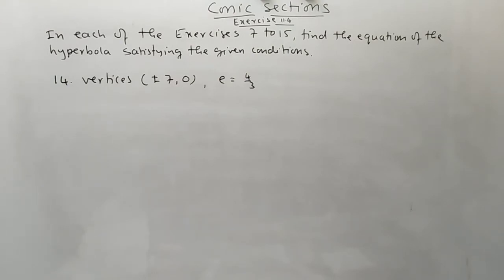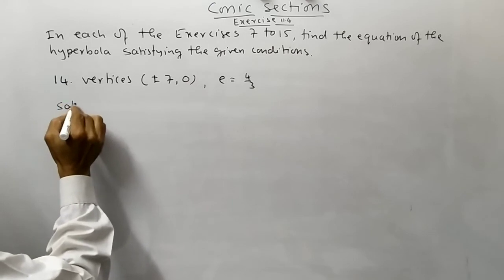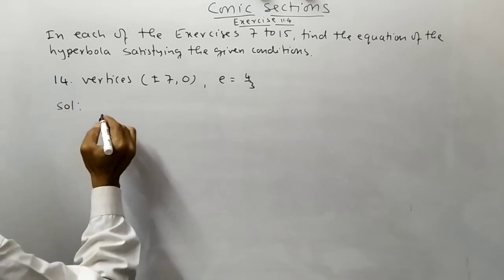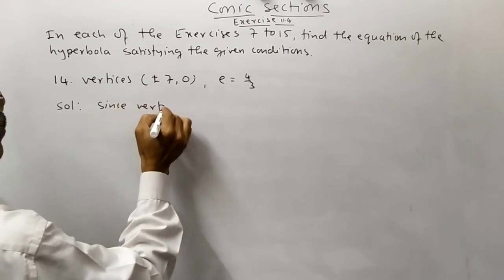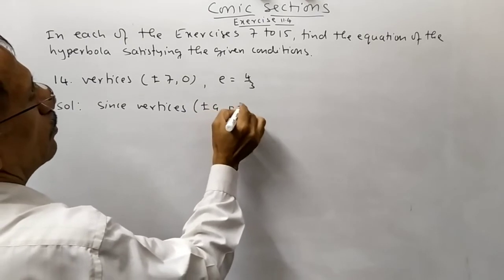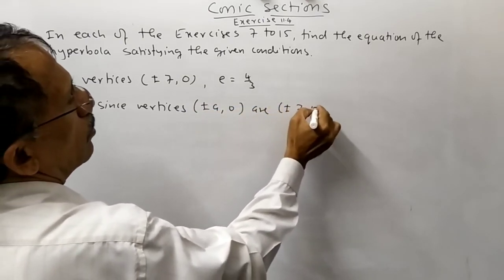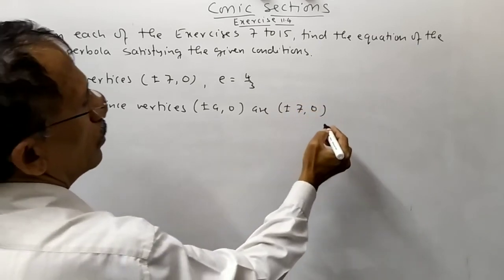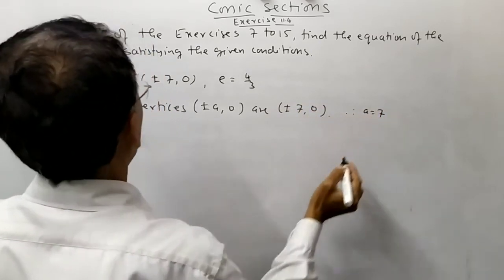Vertices with coordinates plus or minus 7, 0, e is equal to 4 by 3. Solution. Since vertices are plus or minus a, 0, or plus or minus 7, 0, therefore a is equal to 7.